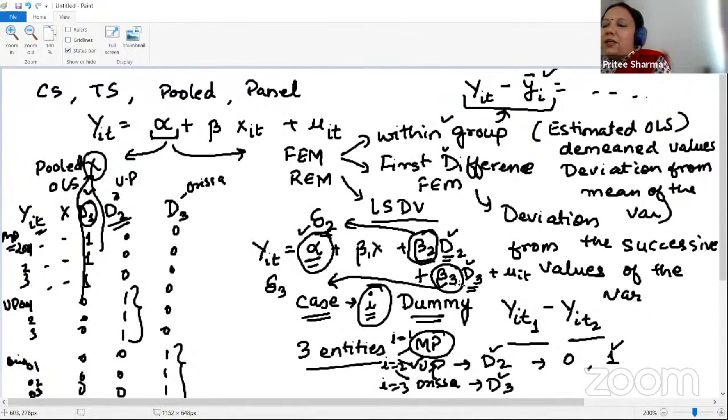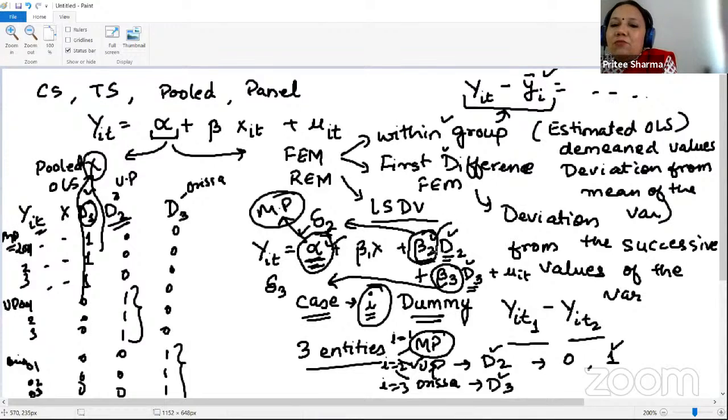Now, we are still continuing with this term alpha. More or less, not 100%, the remaining time-constant effect will be taken care of by this alpha, which is for Madhya Pradesh now, because it is the remaining part.